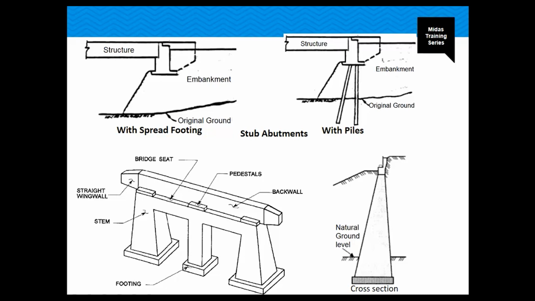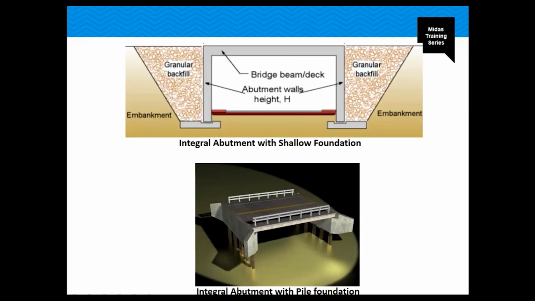And then we have the pedestals, as you can see here with the diagrams. These are short stub type abutments supported on multiple stem pedestals. And then we have one that is used very often, which is the integral abutment. Probably you guys know about it. They are connected to the superstructure rigidly, without any joints for expansion or contraction.